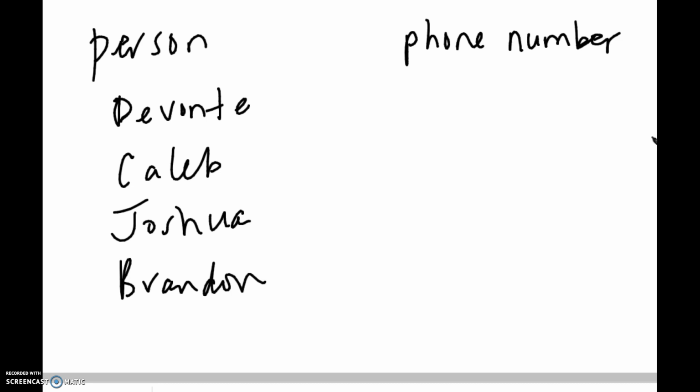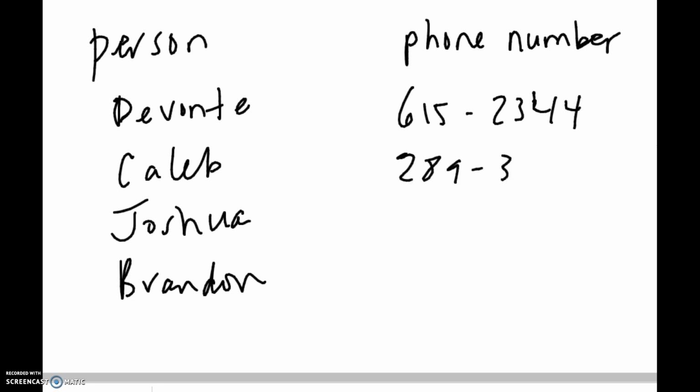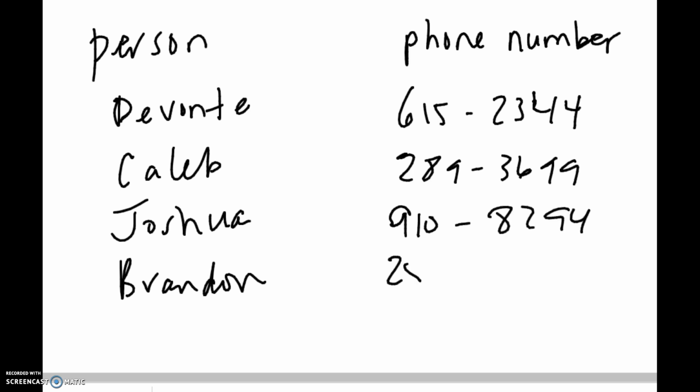Okay, and again, you guys, we're going to draw a mapping diagram like we did in the previous example. Let's say the numbers are 615, 2344, 289, 3699, 910, 8294, 259, 3117.